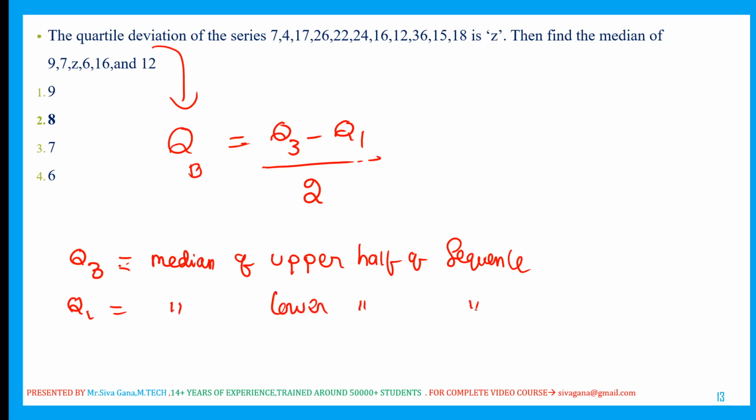For calculation of median, we need to arrange the terms in ascending order.